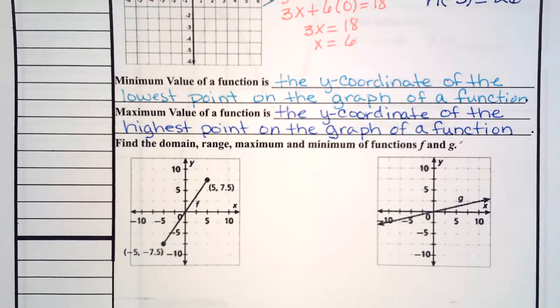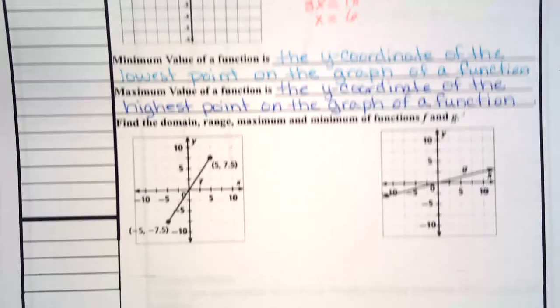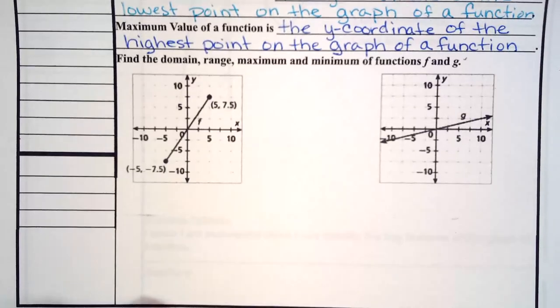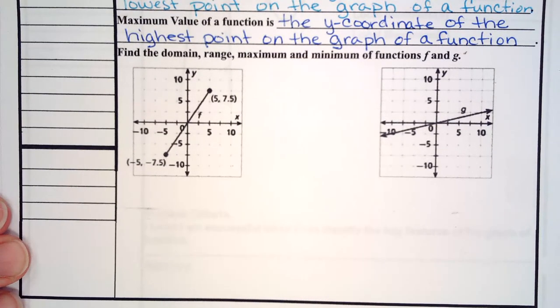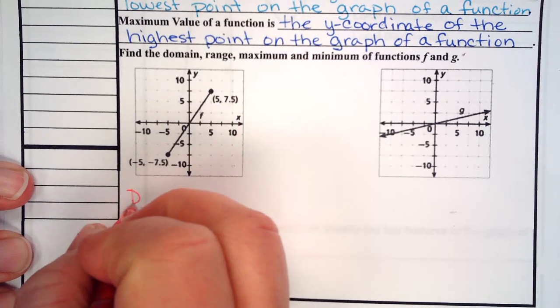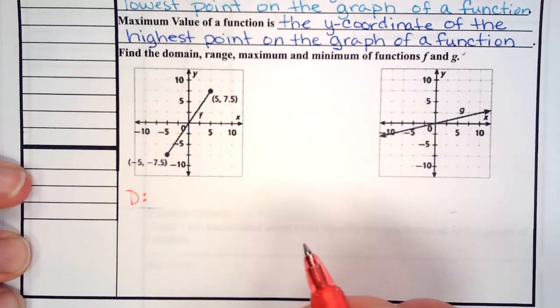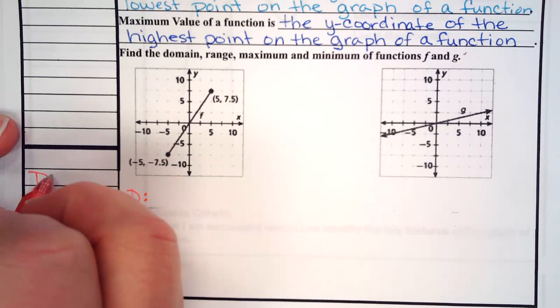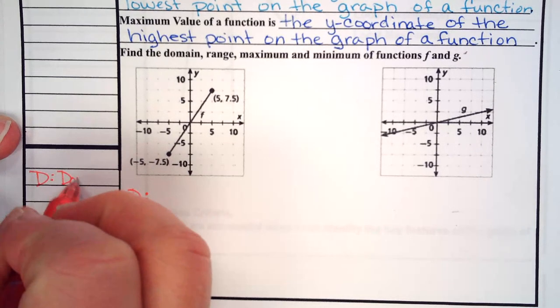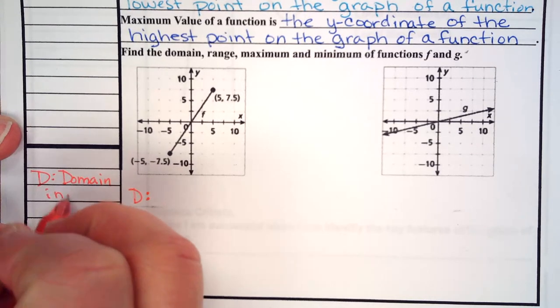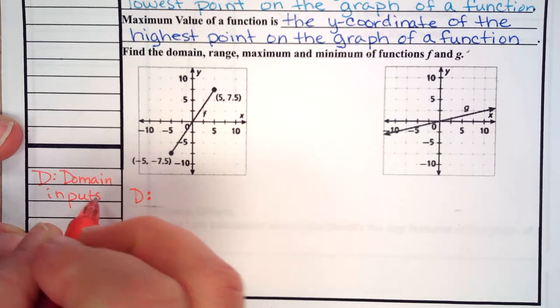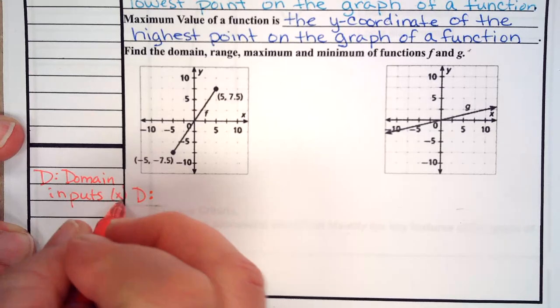So how do we find the domain, range, maximum and minimum of functions? Remember, we're going to use that interval notation. So the domain is your inputs. And those would be your x values.